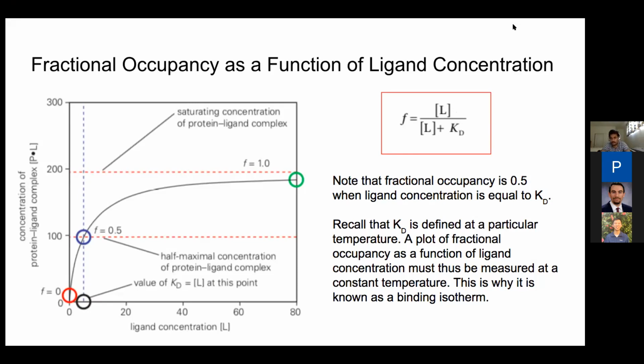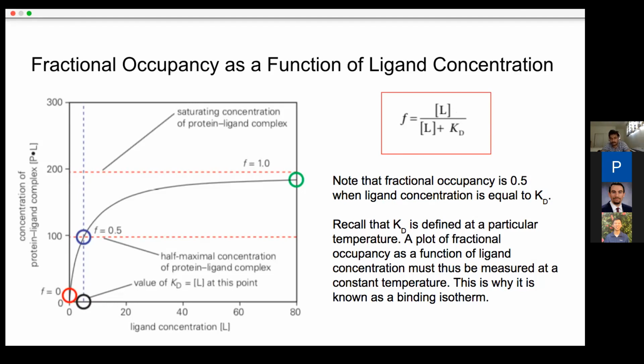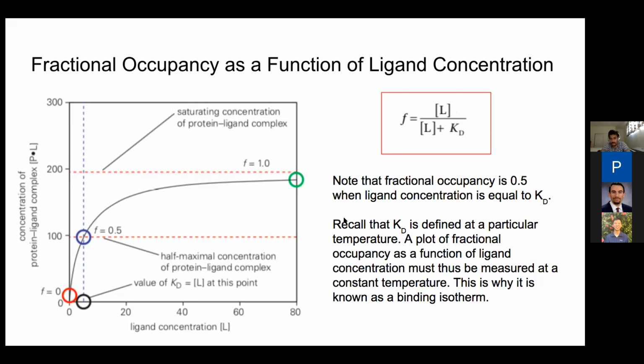KD represents the concentration of ligand at which the protein or species of interest is half bound. And then I'll remind you that KD is defined at a specific temperature, right? As you change the temperature, you get a different equilibrium. So a particular KD is defined only for a specific temperature.